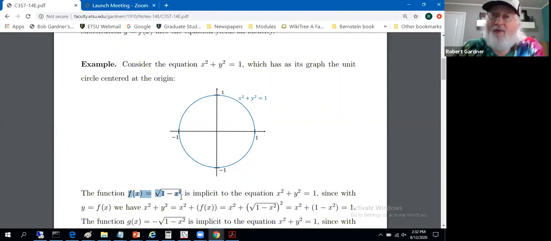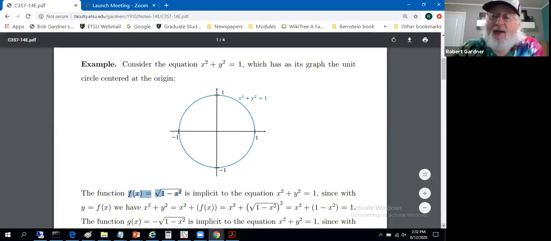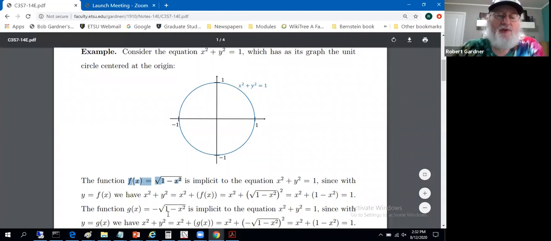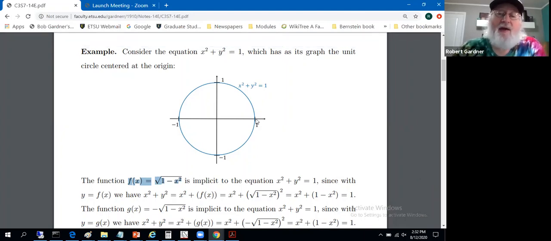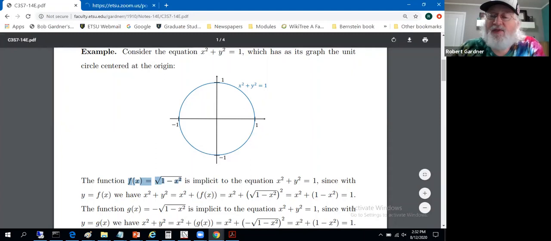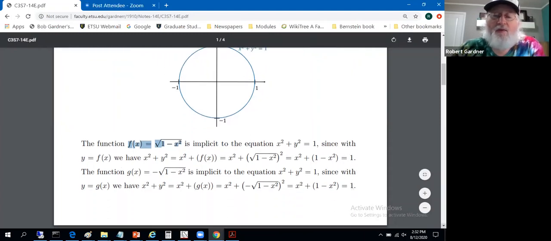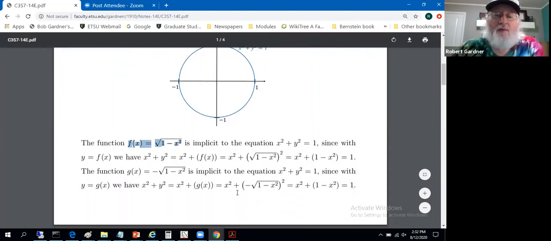What if we did this a different way and we took g of x to be the function negative square root of 1 minus x squared? So we'll take the negative of the square root. By the way, the graph of that would be the lower half of this circle, the lower semicircle. Well, you know that's going to be implicit as well, because if we substitute in, then we get x squared plus negative square root of 1 minus x squared, squared.